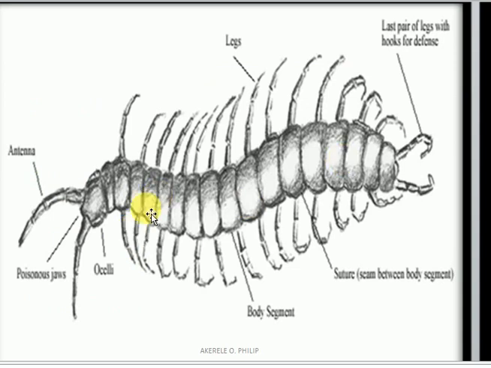Now the next division under Myriapoda is Diplopoda. That is the millipede. The differences between centipede and millipede are two. First, the centipede is poisonous while the millipede is not.